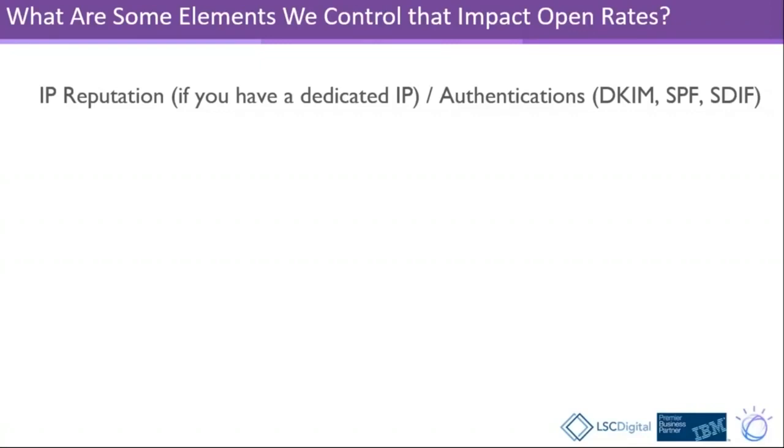An indicator that you're probably having IP issues is if you have a high rate of soft bounces. Now, a soft bounce is different than a hard bounce. A soft bounce is basically the email is an accurate email. That email works, but the receiving domains are pushing you away.